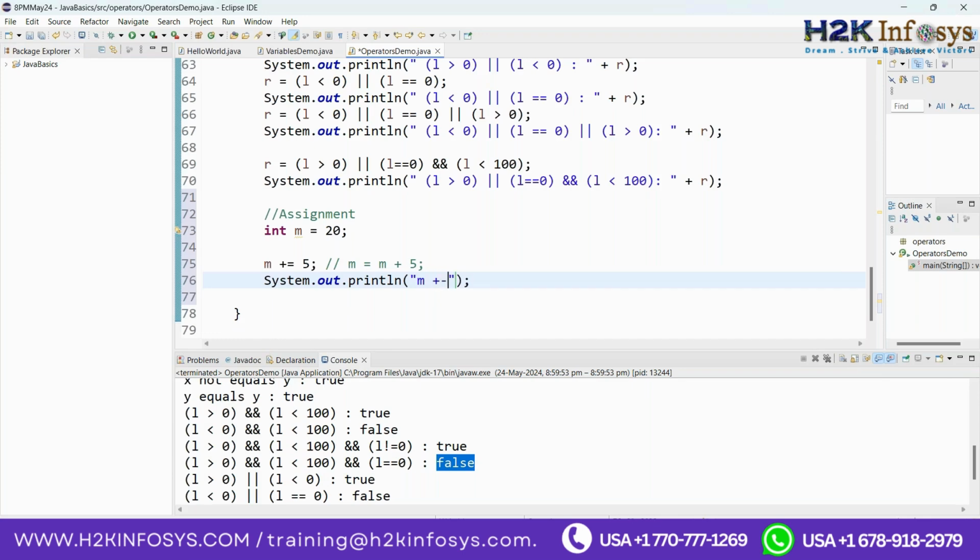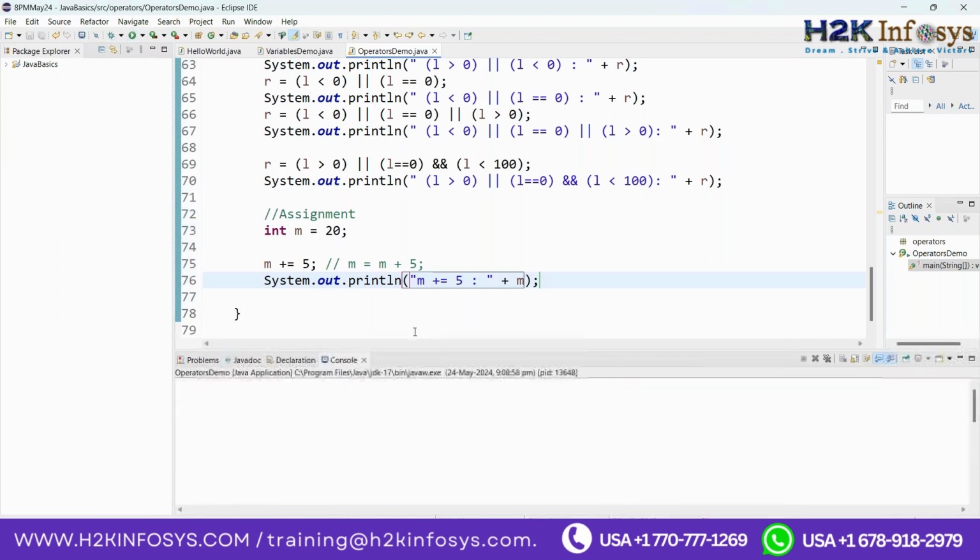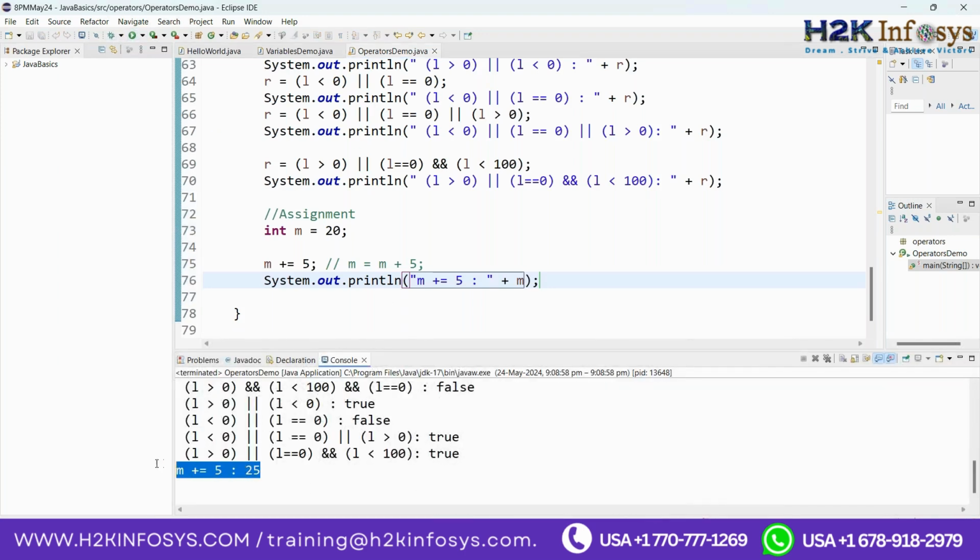So without writing m equal to m plus 5, you can actually write m plus equal to 5. See this? That means m value is 25. I'm printing the m value only, so don't get confused. So this is the expression. Let me keep this in brackets.